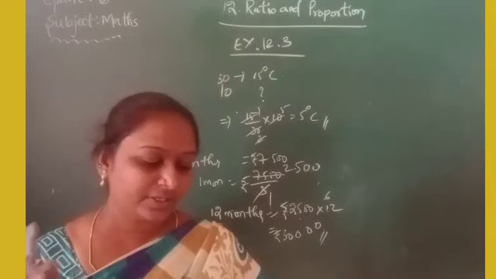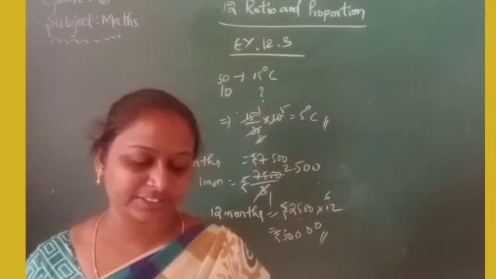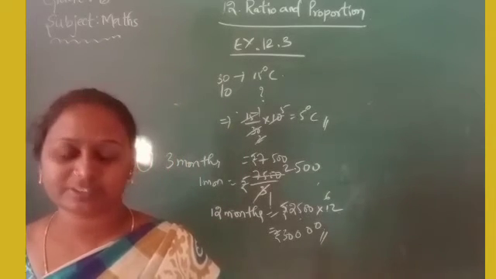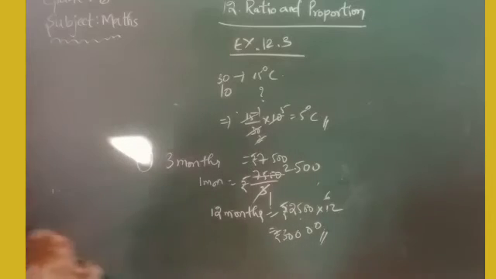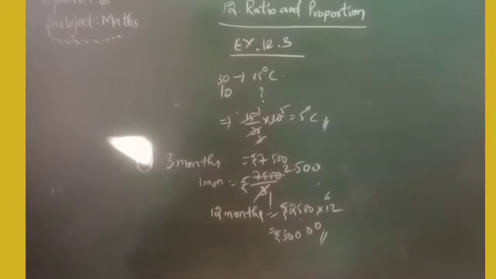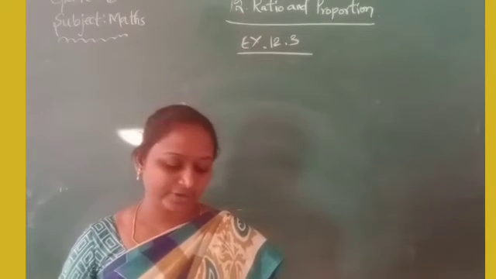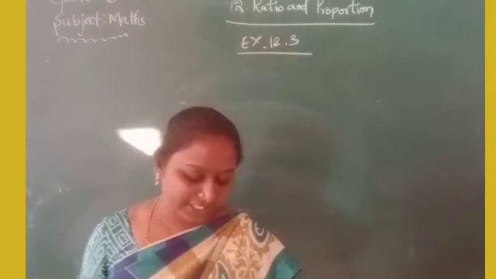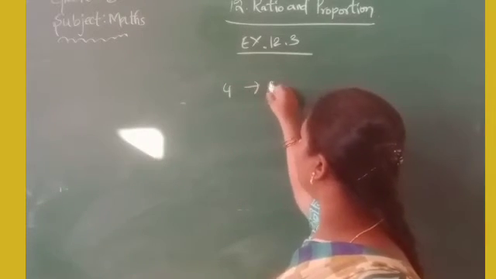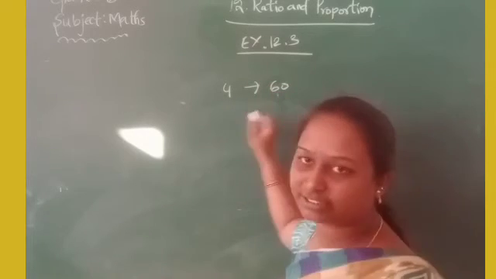Okay, same problem. How did we solve the 4th one? Here the quantity is given. 4 dozen bananas cost how much? 60 rupees.